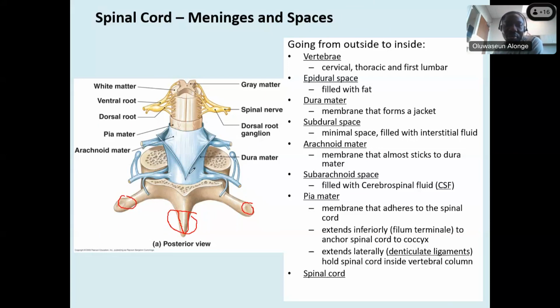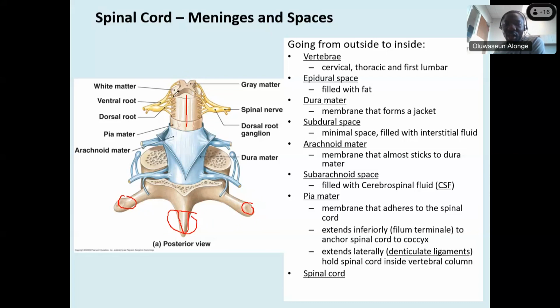Now, you remember from last week that if this is the posterior portion, then right here will be the posterior median fissure. And we talked about how you have the anterior on that side, and you have the posterior here, the posterior gray horn.